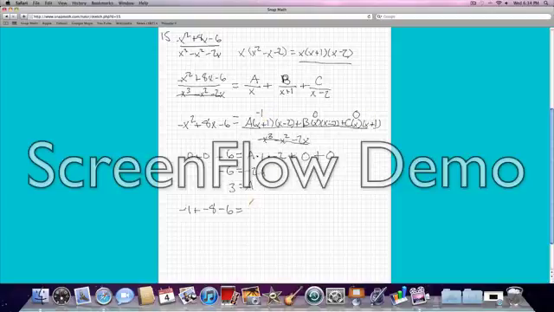So it's just going to be B times negative 1 times negative 3. So now we get negative 3B equals, you add this up, negative 15. So B is going to equal 5.